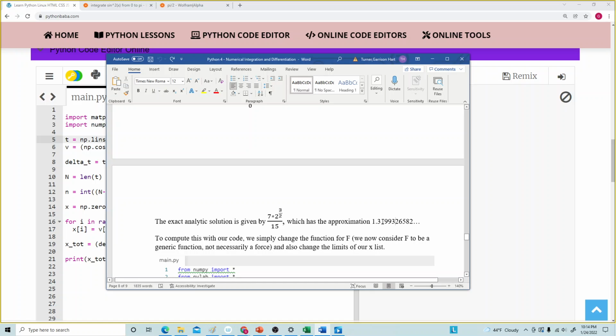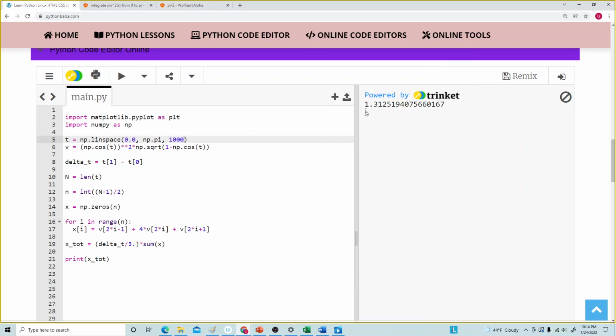So 1.3199, 1.3125, we're already within the 7 out of 1,000 range, 7 parts in 1,000.